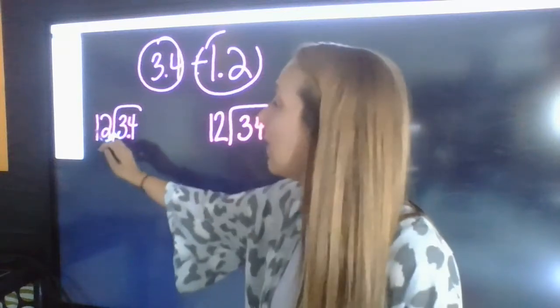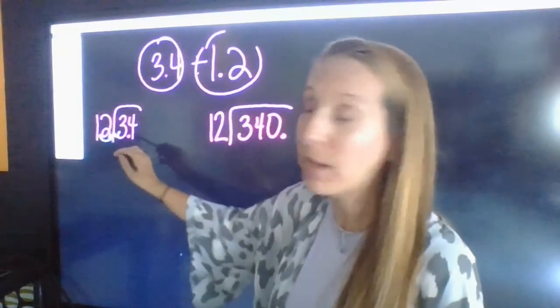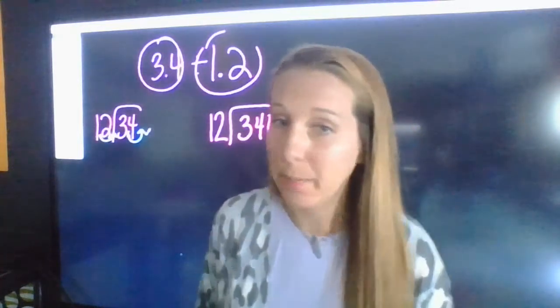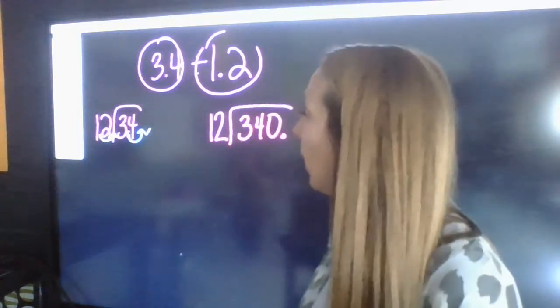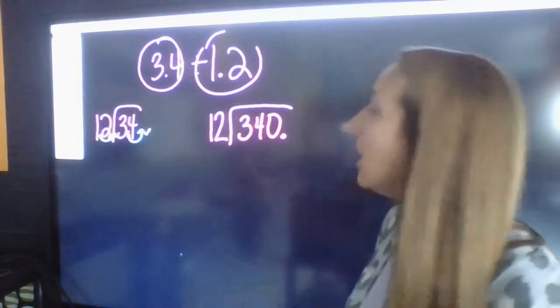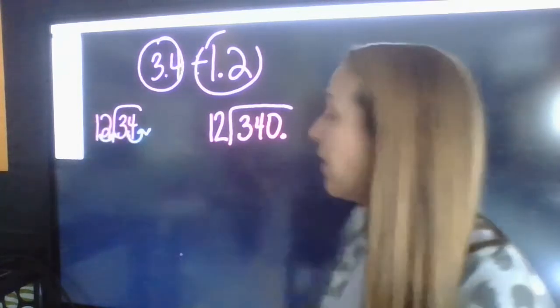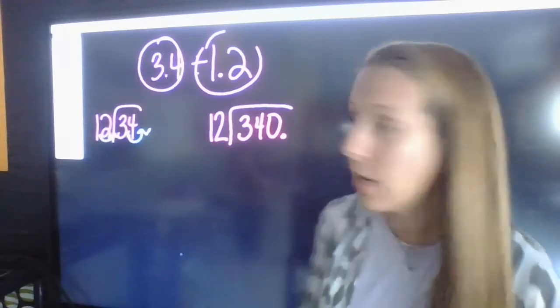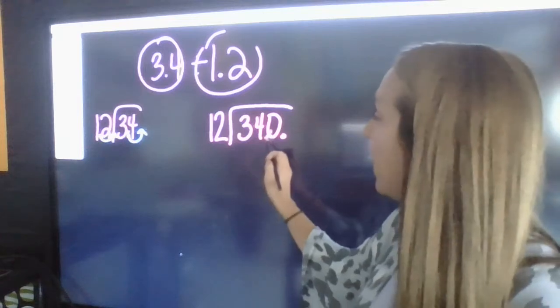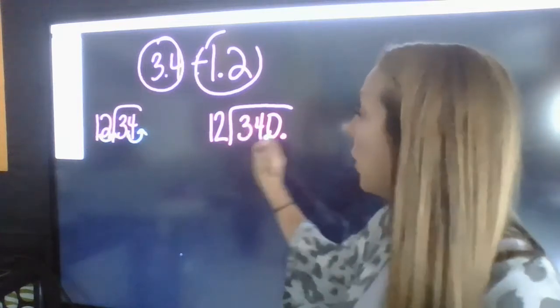If you multiply the outside number, the divisor, by 10, you're going to also multiply the dividend by 10. So what we're looking at here is moving that decimal 1 place value on both the dividend and the divisor, because what you do to one, you have to do to the other. So basically what we're looking at here is 12 divided into 34.0.